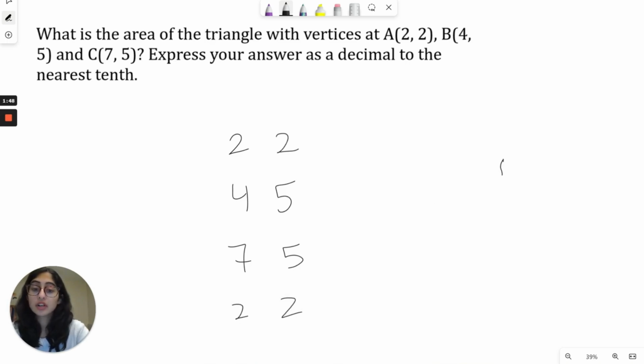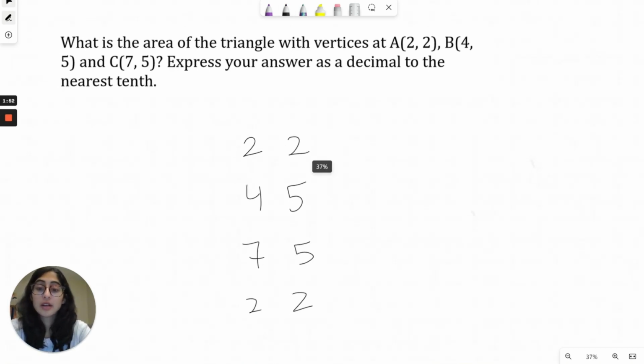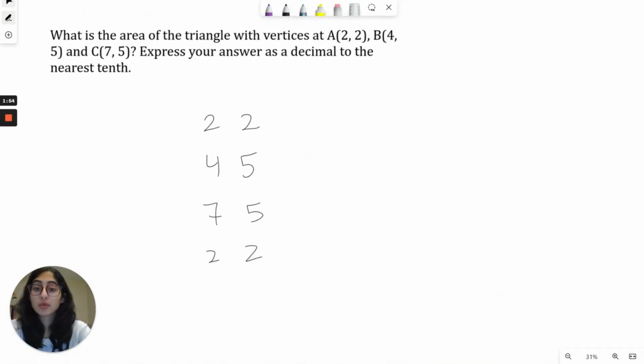Now, the order in a triangle that you arrange these coordinates doesn't really matter. But if it did have more vertices than a triangle, it would matter. The reason for that is because the coordinates need to be arranged going in one circular direction. So they can either go clockwise or counterclockwise.